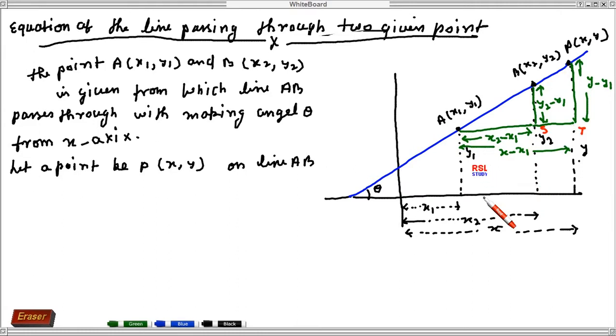So if we subtract this y1 from the complete y, that will be y minus y1.